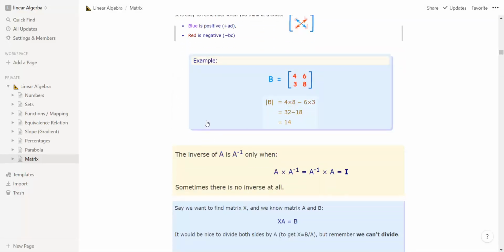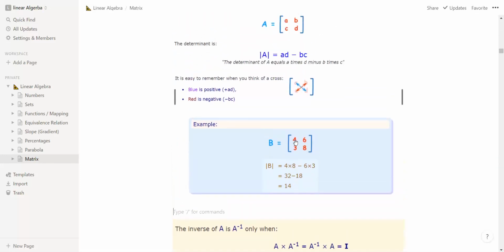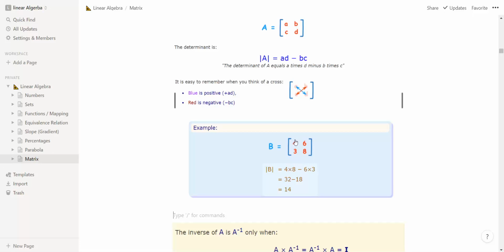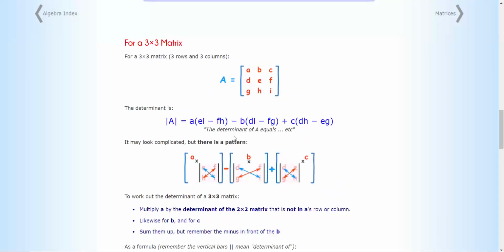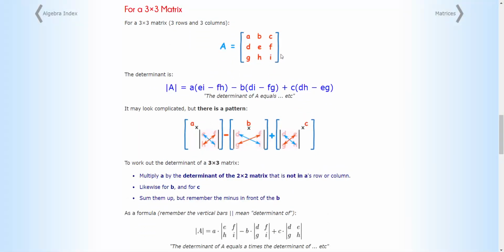Like you can just click on whatever, and then you... alright, straightforward. So we have 3 rows and 3 columns.